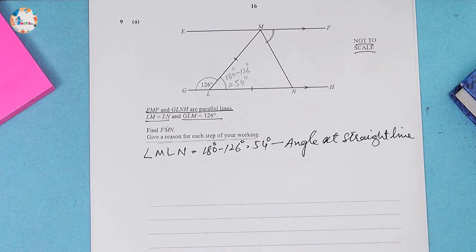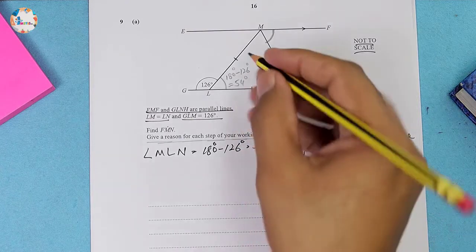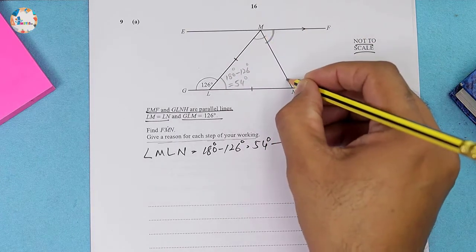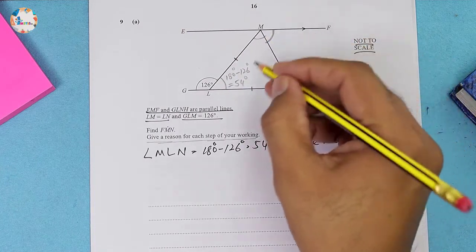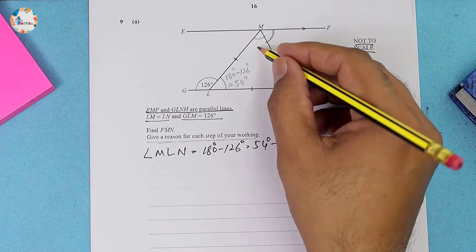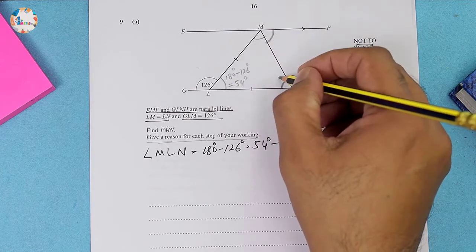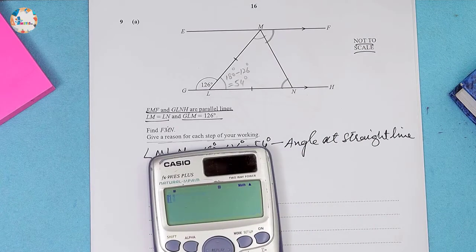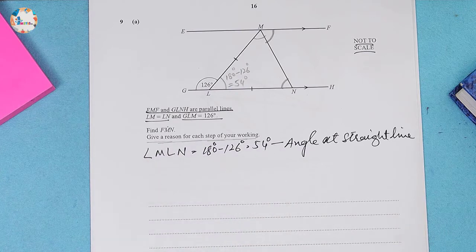Next thing we can identify is that these two sides are equal, so their opposite angles will also be equal. So this will be 126 divided by 2, which will be equal to 63.